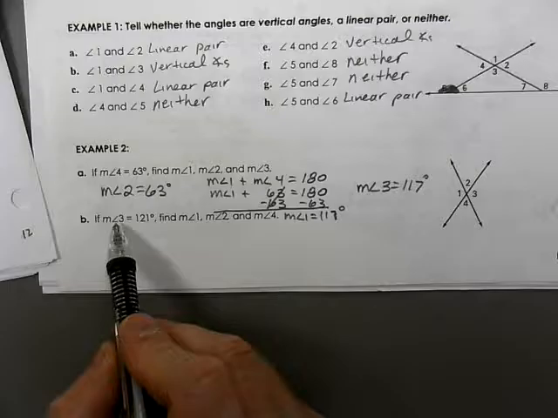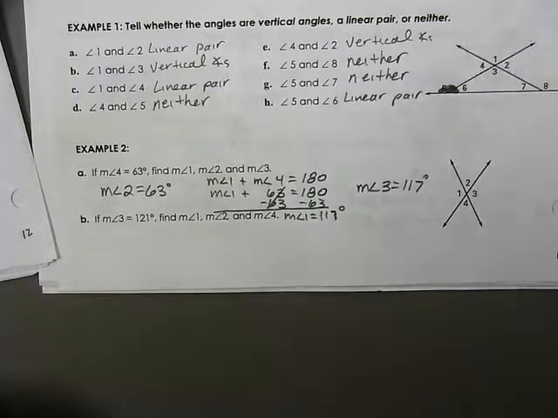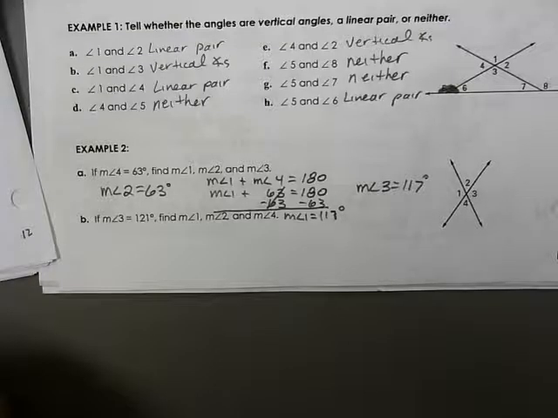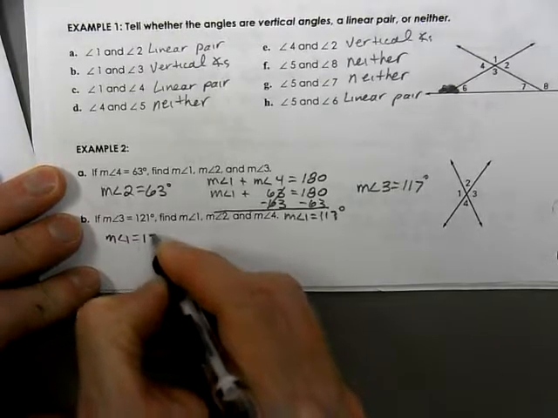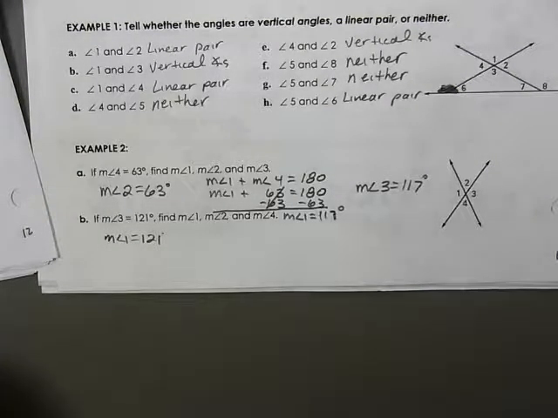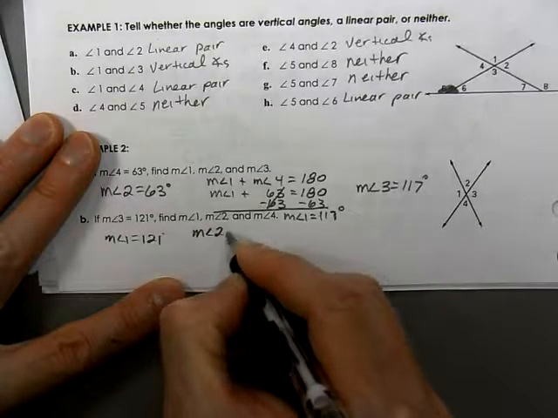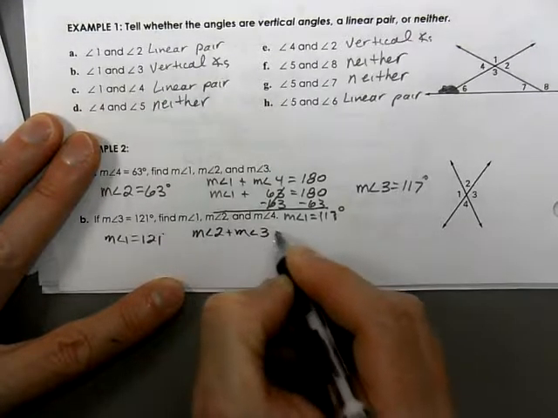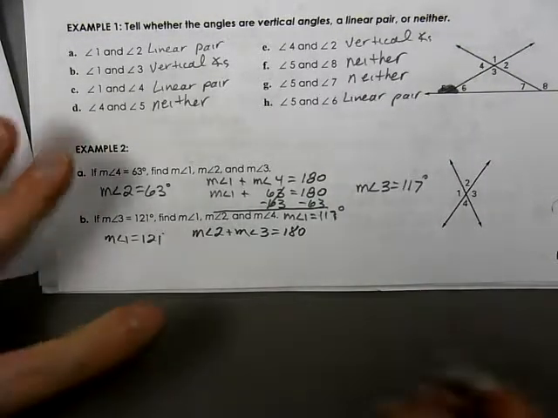What if the measure of angle 3 was 121? What would we know? The measurement of angle 1 was 121. And the measurement of angle 2 plus the measurement of angle 3 would have to be supplementary because they're a linear pair.